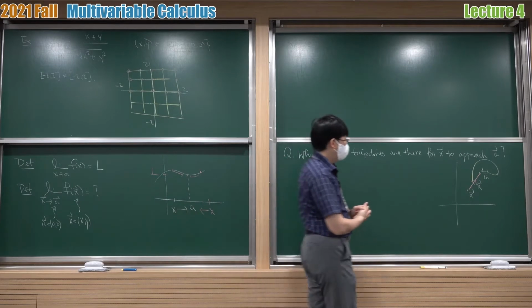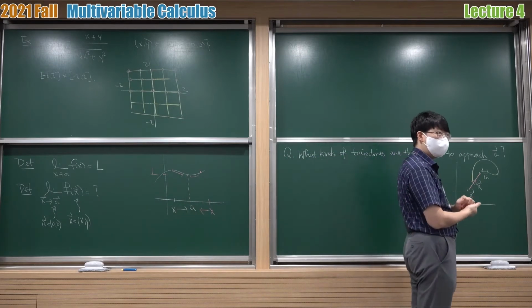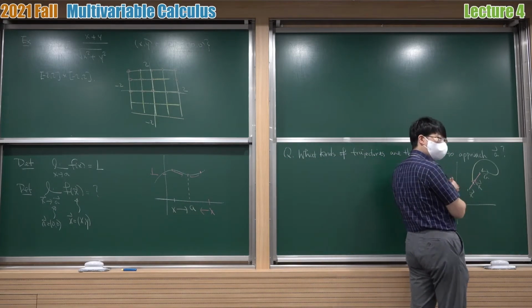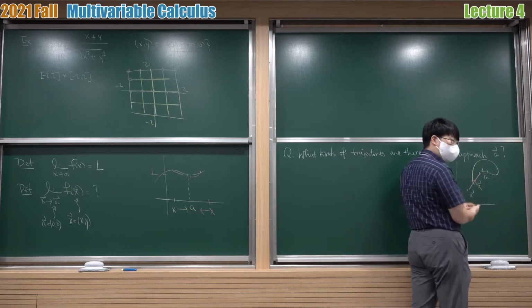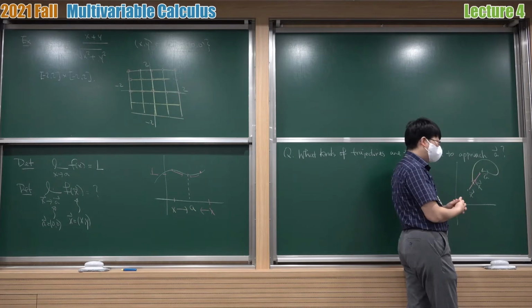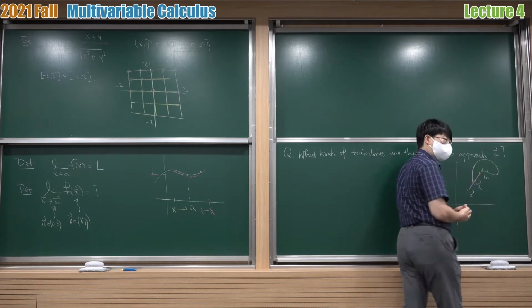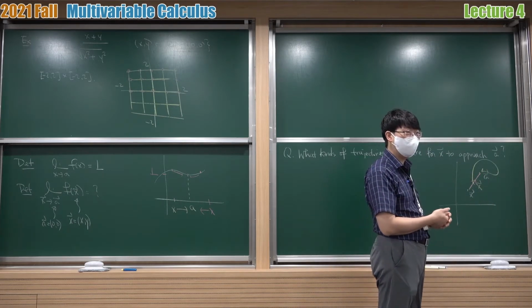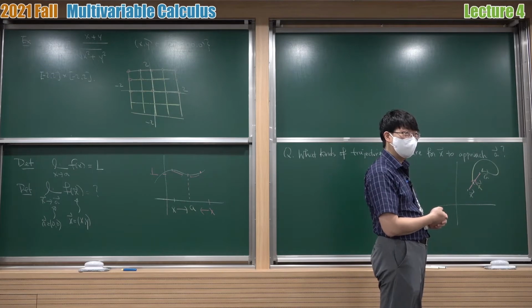How about in a two-variable function? Our domain is in two-dimensional space. We have to consider all possibilities of the limit for every possible trajectory approaching a, right?